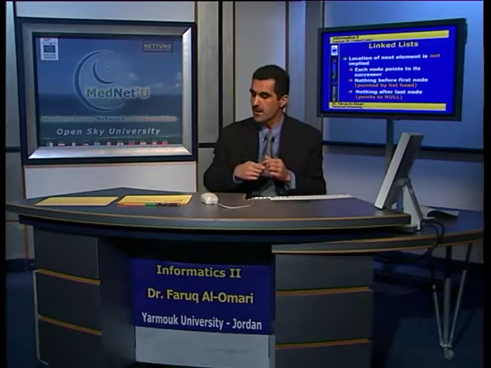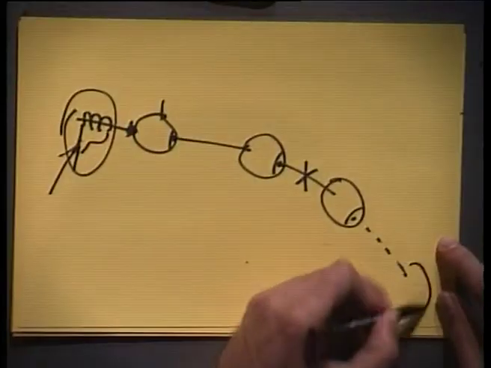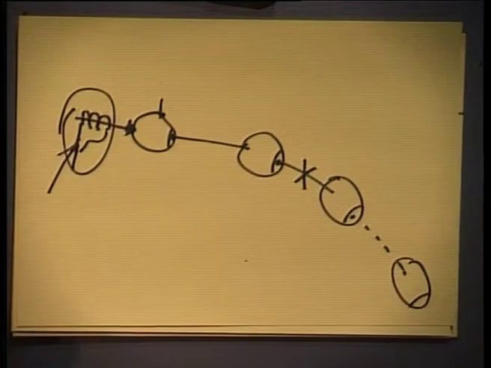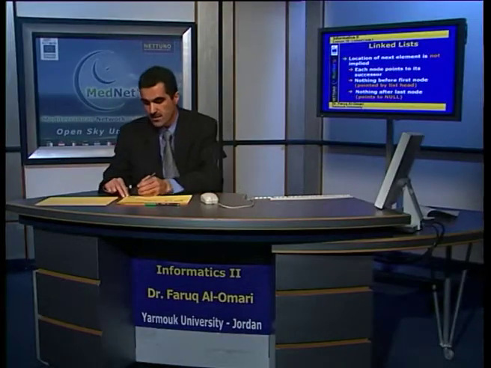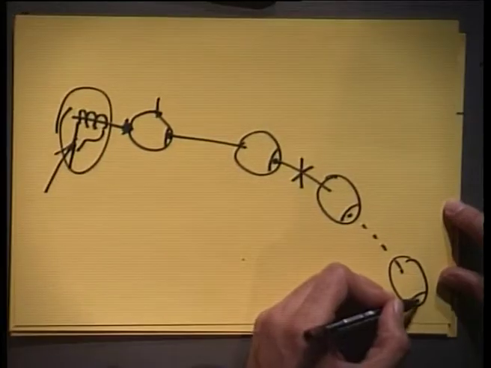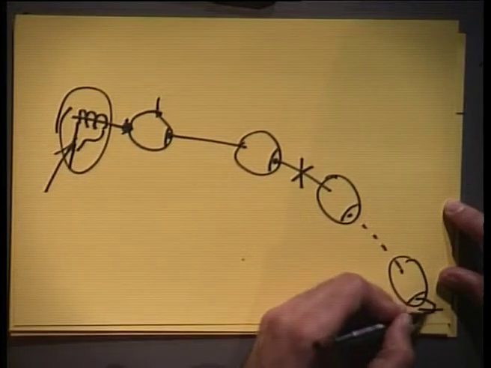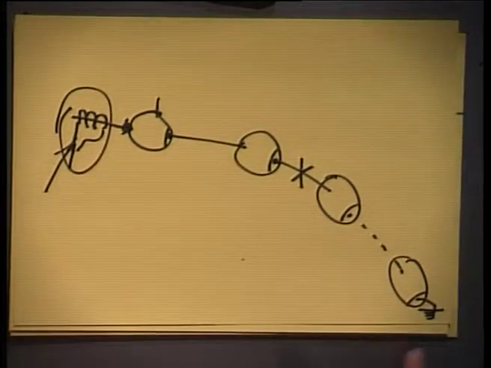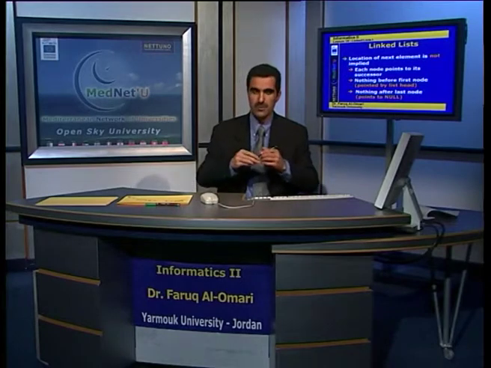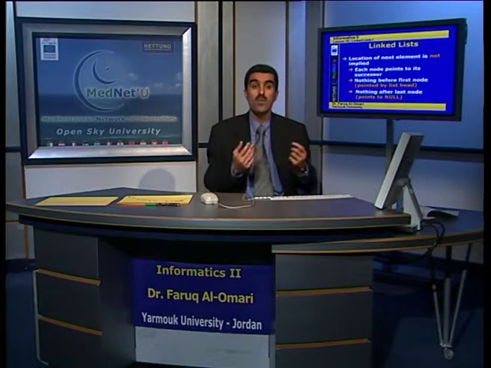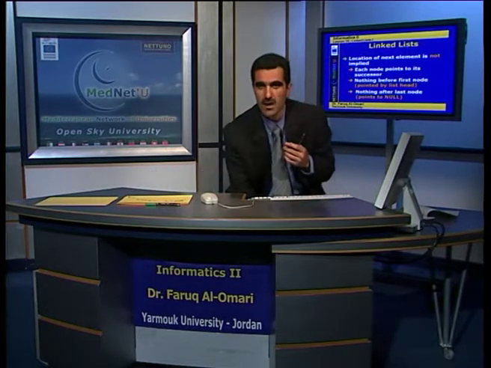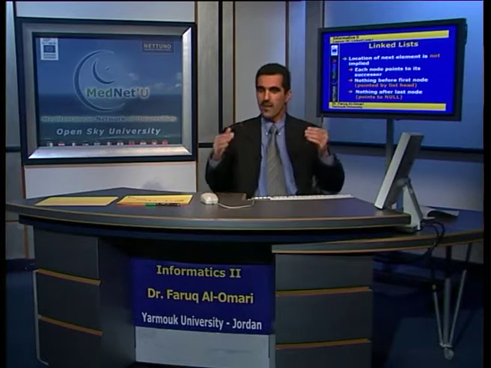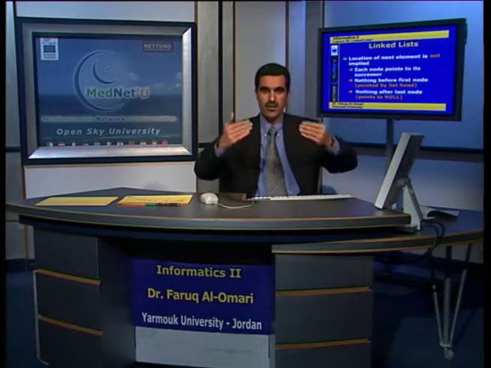And of course, at the very end, this is my last node. I don't have any other nodes in there. So basically, when I do this, this is going to be pointing to nothing. We're going to use this earth symbol to indicate that it's pointing to nothing. Well, in C, nothing means null. So basically, each node is going to be pointing to the next node.